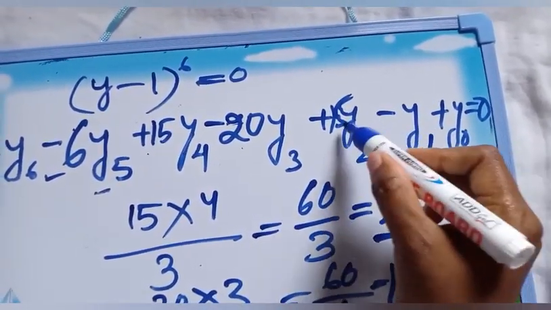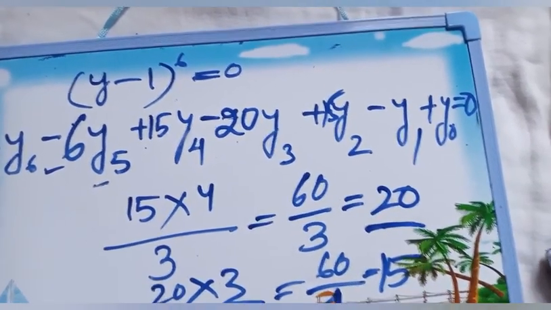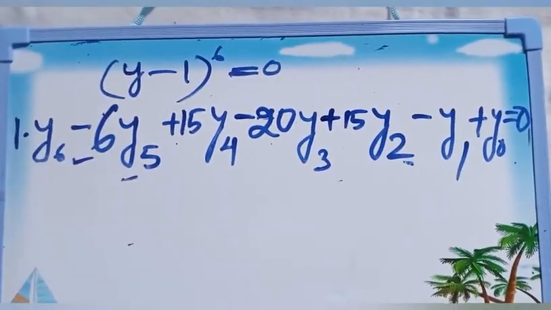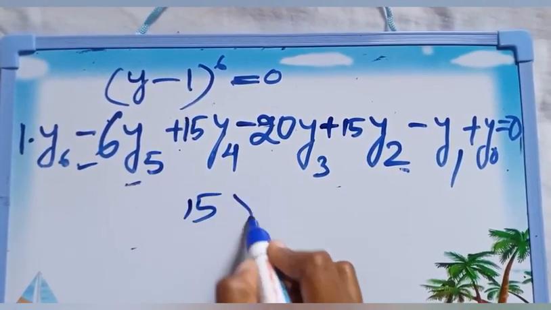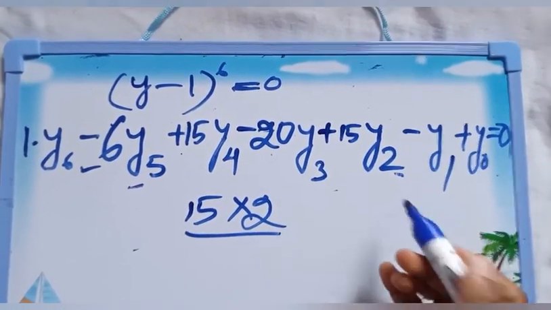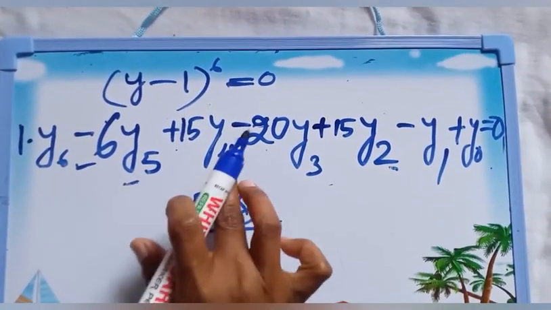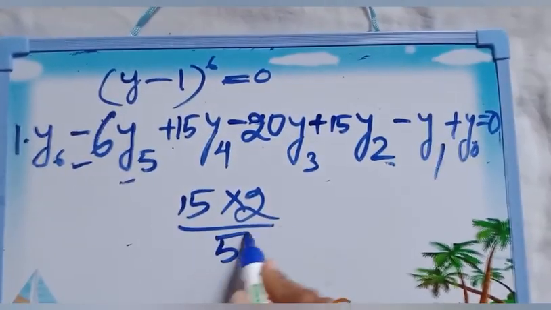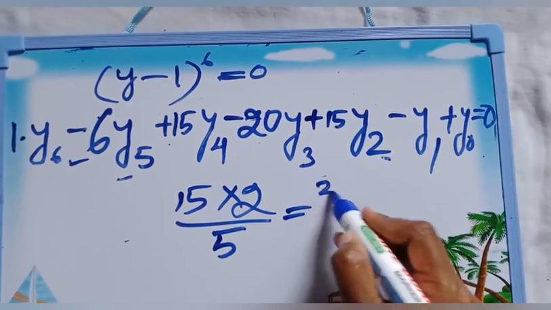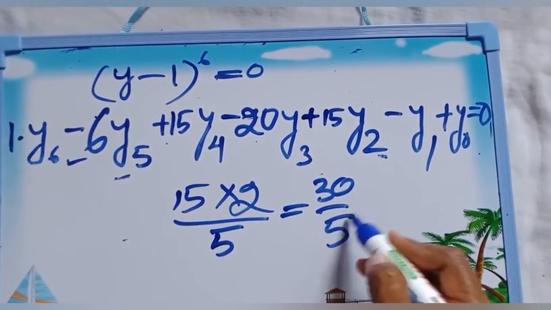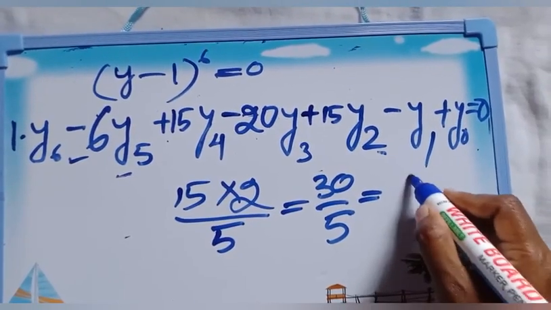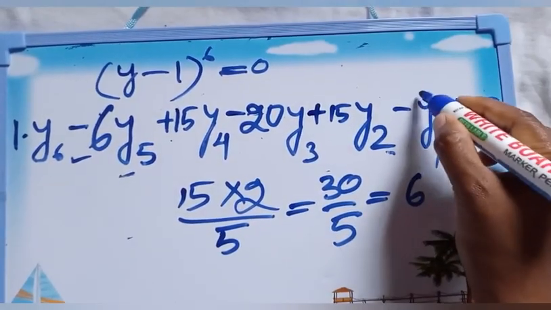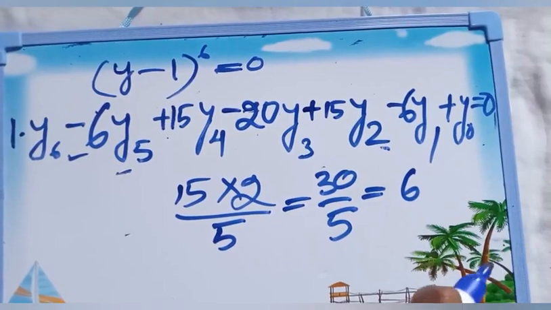Then in the same way we follow for the next one. How much do we have? 15 into 2 divided by 1, 2, 3, 4, 5. So 5 means 15 into 2 is 30, divided by 5. Then we find 6, and the 6 value we have to write here.